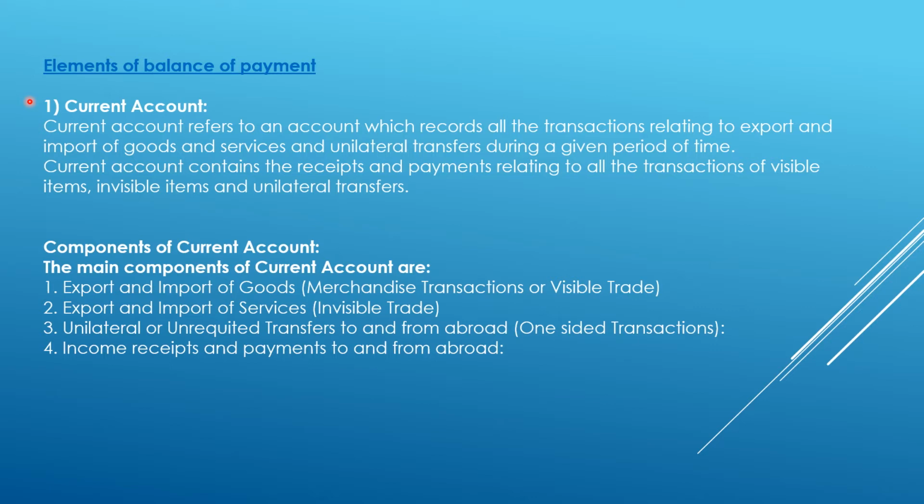Always remember, the current account includes these three transactions: one is visible, the other is invisible, and the third is unilateral transactions. So the current account contains the receipts and payments relating to visible items, invisible items, and unilateral transfers. Let's see the next slide.